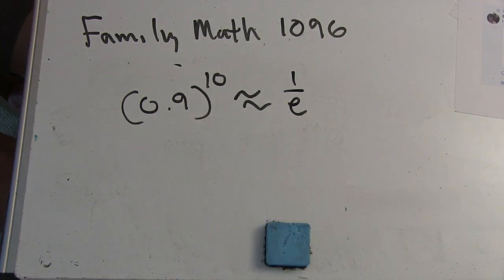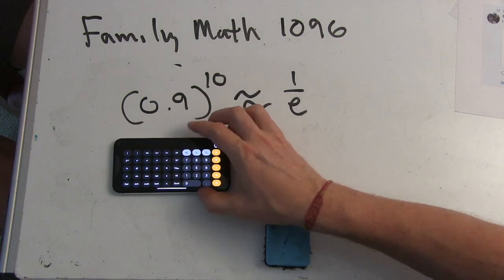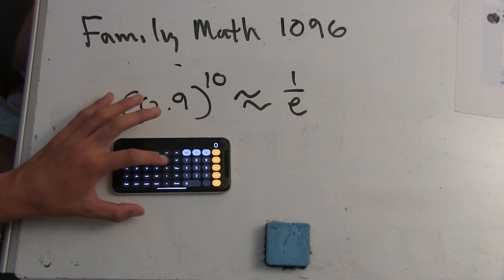Is it a 1/3 chance? Yeah, so we can go back to that scientific calculator again. Sorry, I'm having a hard time. Can you do e to the minus 1 for me?